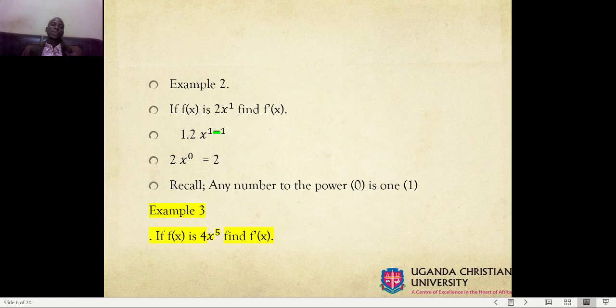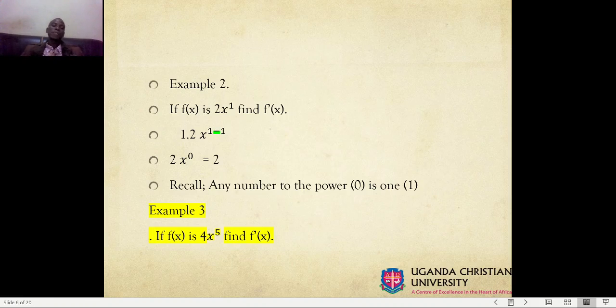The answer will be the multiplying coefficient for that case. So if it's 2x, the answer will always be 2. 30x, the answer will be 30. 40x, the answer will be 40. But of course this is how we get it. If I subtract 1 from 1, I remain with 0, and then now the power 0 is 1.